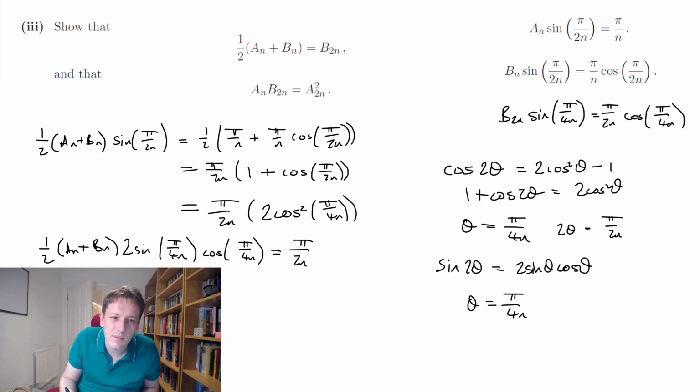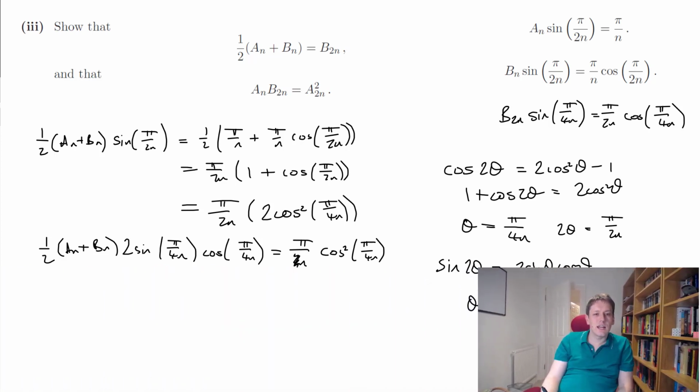So, okay, my 2's have cancelled on this side, so I've got pi over n cos squared pi over 4n, right? And now I can cancel one of these cos pi over 4n's with one of the ones from the square.